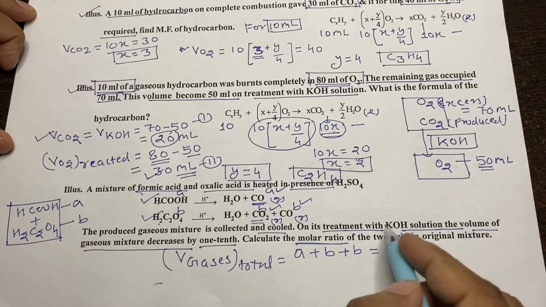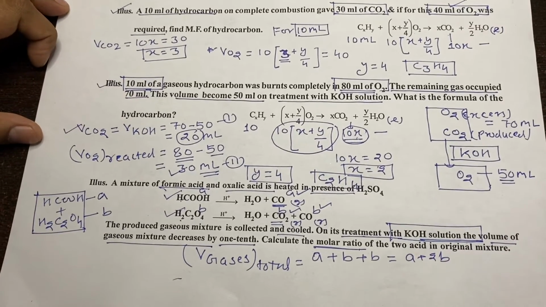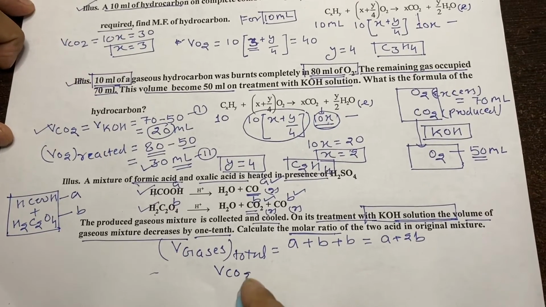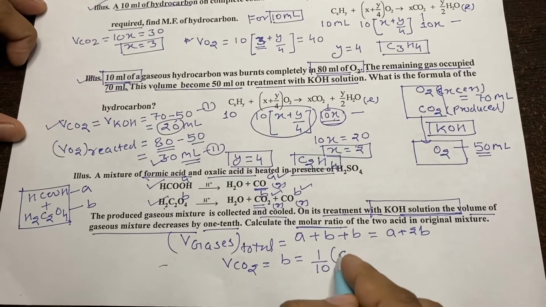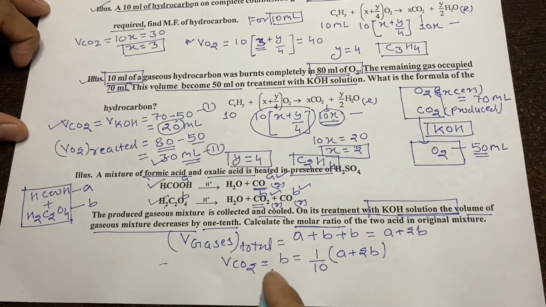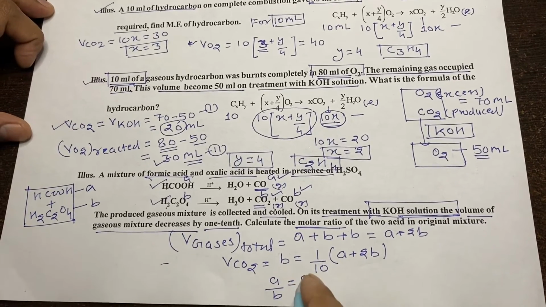And it is given that on treatment with KOH, obviously KOH is the absorbent for CO2. So V of CO2, which is B, is equal to 1/10 of the gases formed, that is 1/10 of (A plus 2B). On solving this, we will get the ratio A to B as 8:1.